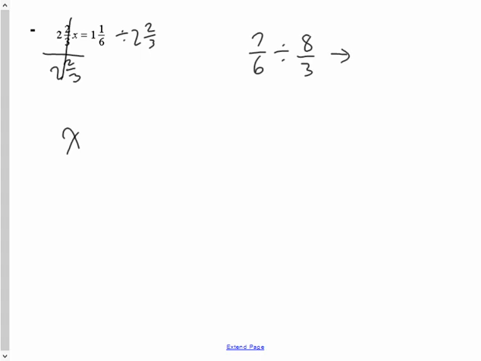And then to do division, I'm going to keep the first fraction, change the division to multiplication by the reciprocal. Check for cross reduction. 3 over 6 will reduce down to 1 over 2. And therefore, when you multiply your numerators, you'll get 7. And when you multiply your denominators, you'll get 16. So x will equal 7/16.